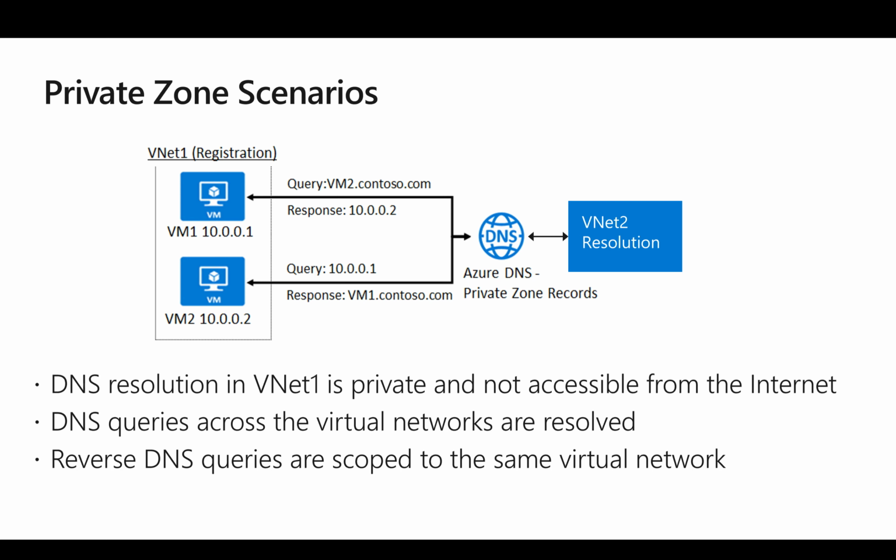So, for example, we can query the IP address of the VM using the host name and vice versa. Whereas with resolution VNets, we can just query the forward-looking DNS. And since this is private DNS, it's not accessible from the internet.